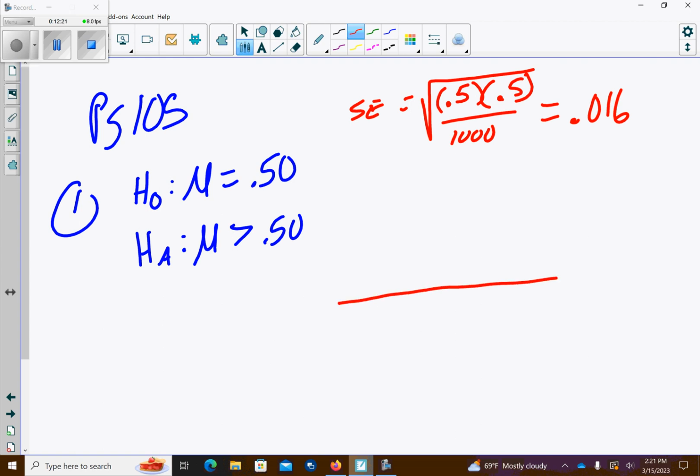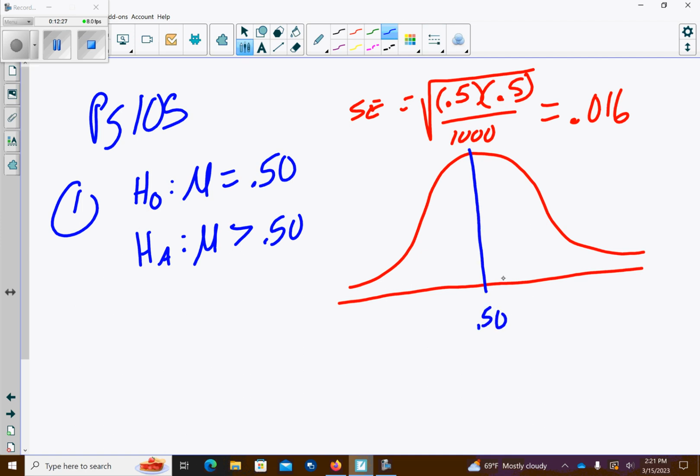If we draw our normal distribution, I know that 0.50 is right here, and as I go to the right, I'm adding 0.016 to it: 0.516, 0.532, 0.548.